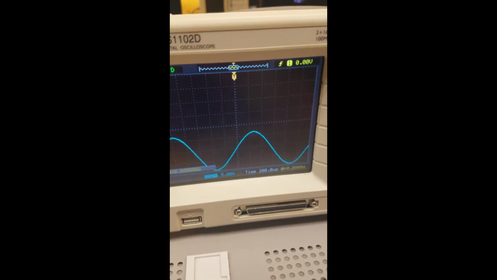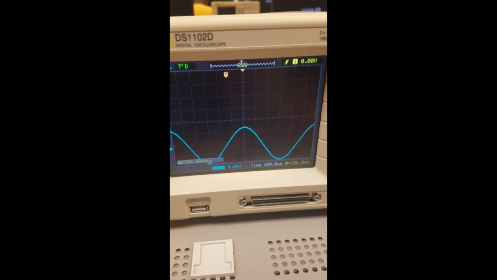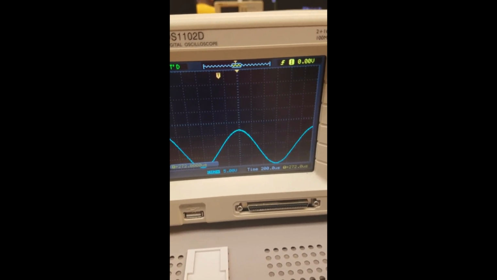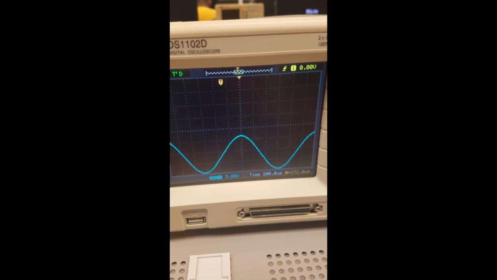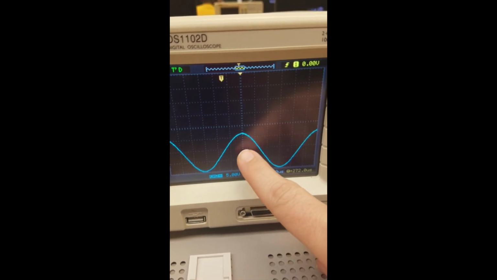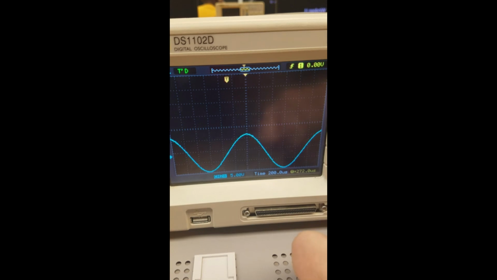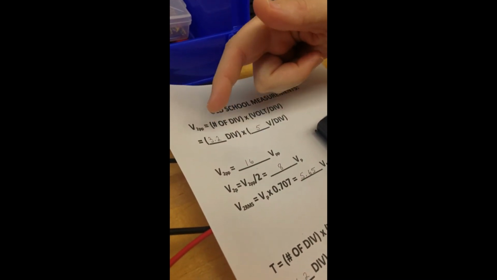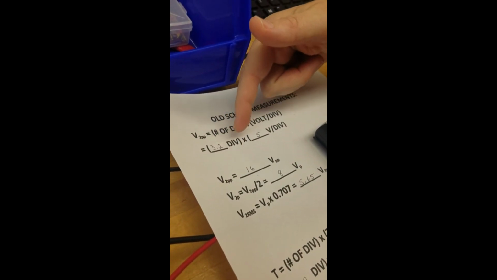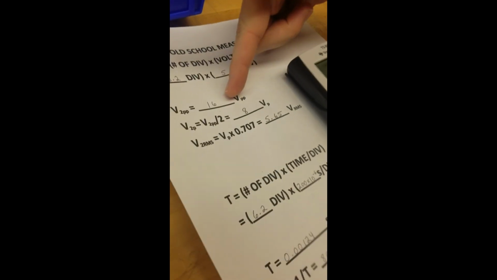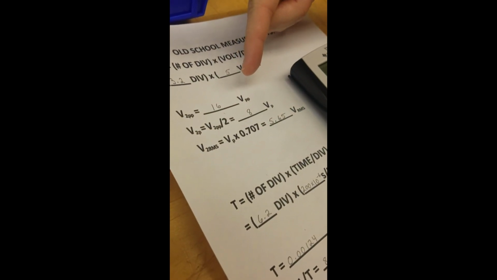So that we are able to measure the VPP. So we put it all the way at the bottom, move it to the center, and then we're going to count the divisions just like we did for channel 1. We have 1, 2, 3.2, and that's 5 volts per division. So we take our 3.2 divisions times 5 volts per division, and we get 16 volts peak to peak.